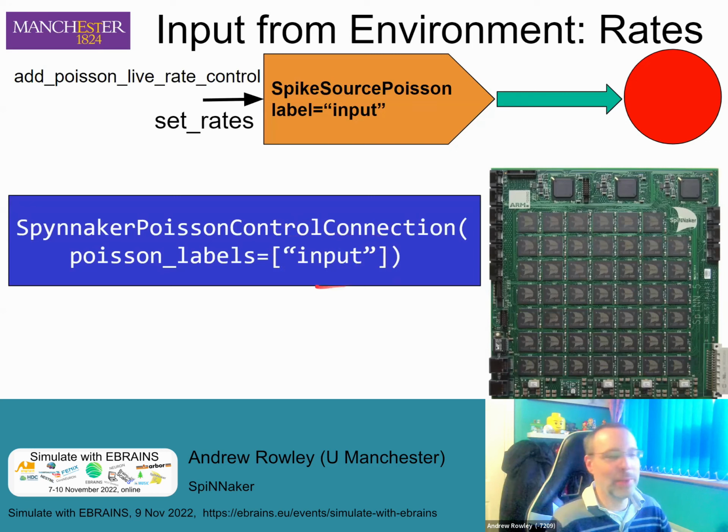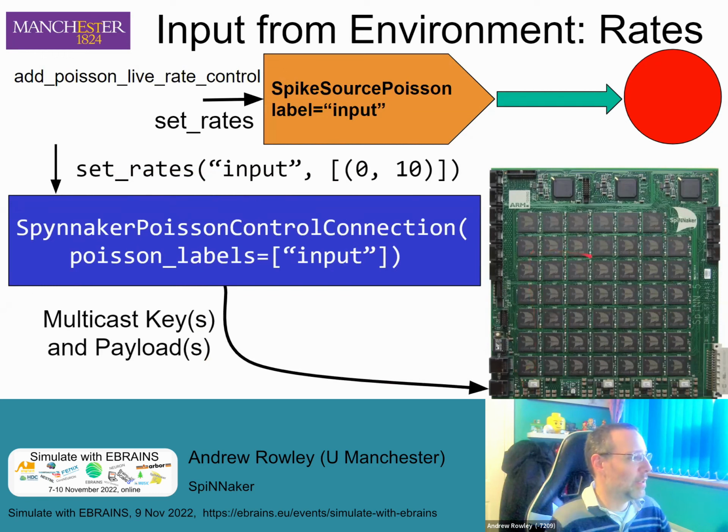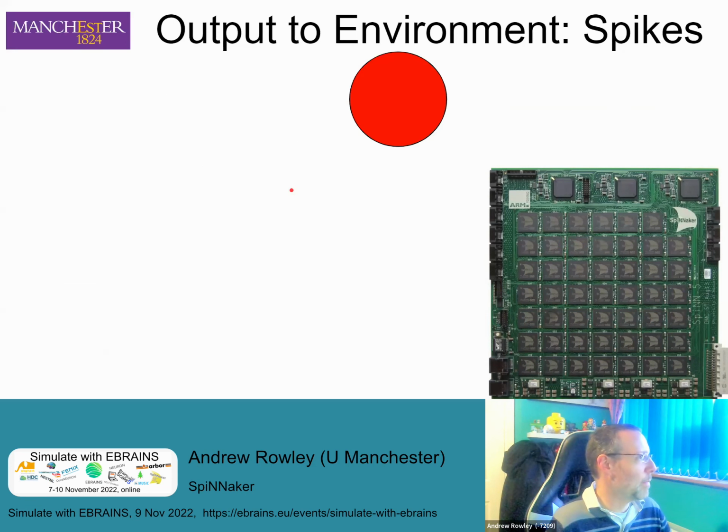We actually use the label on the population here, so it is critical when you're doing this that you match the labels up with the population, so you do need to give them labels in the first place. When we call set rates, it again sends multicast keys, so even if your Poisson is split up over the board, it can send the new rates into the various different places on the board to reach your Poisson source and tell it to update the rates at the moment you send the message.